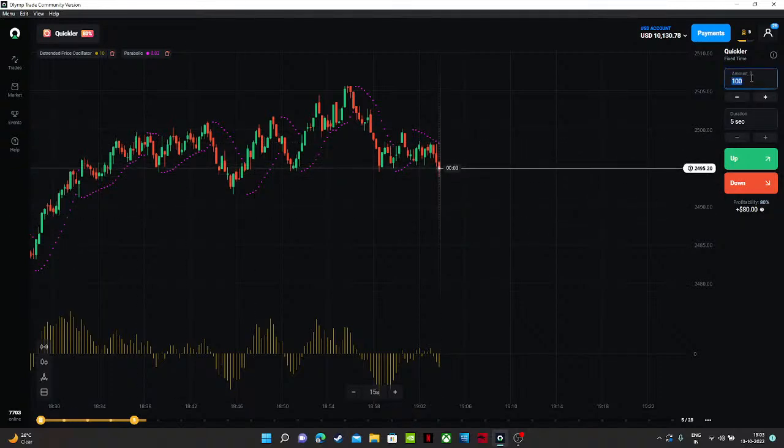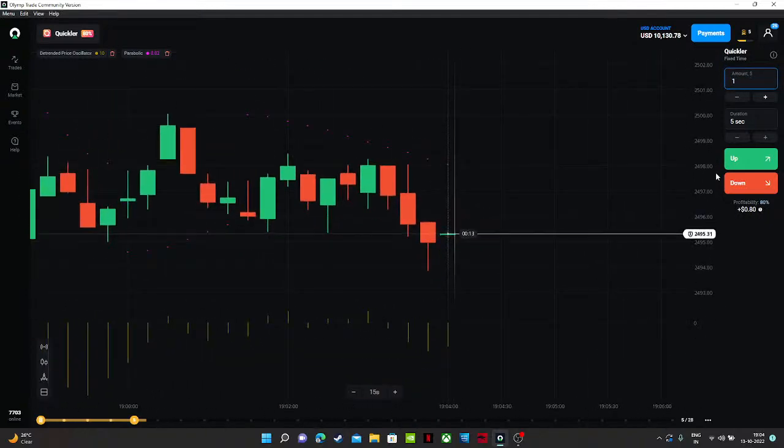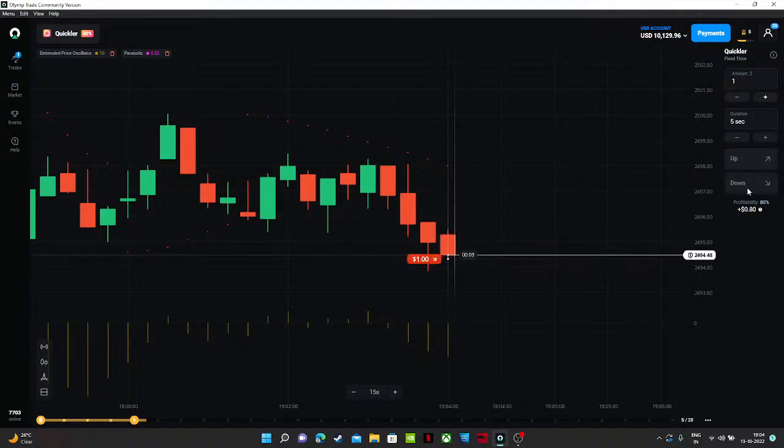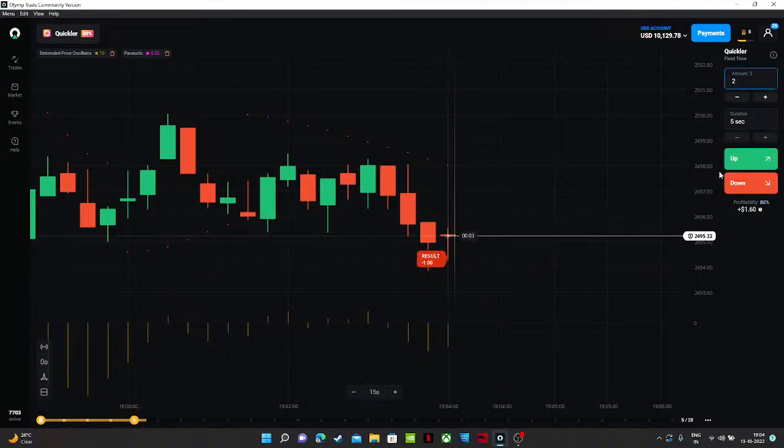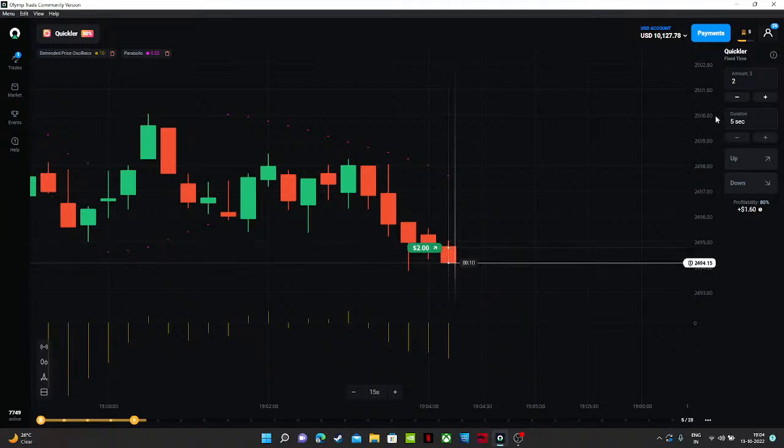If you have good, sufficient capital, you can practice this martingale. You can start your initial amount with $1. If you have lost this trade, increase the amount to $2 on the next candle. Okay, we lost this one also.